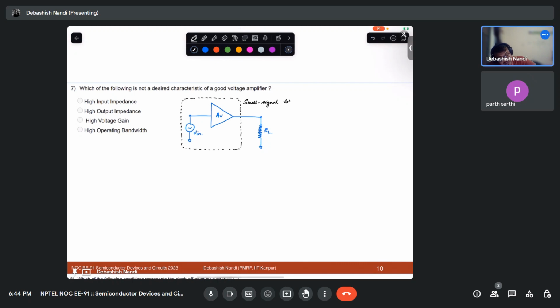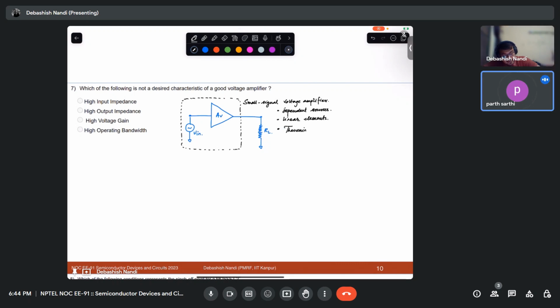In a small signal voltage amplifier, what are the components? Only dependent sources will be there. That means linear elements. Can we use Thevenin's theorem?